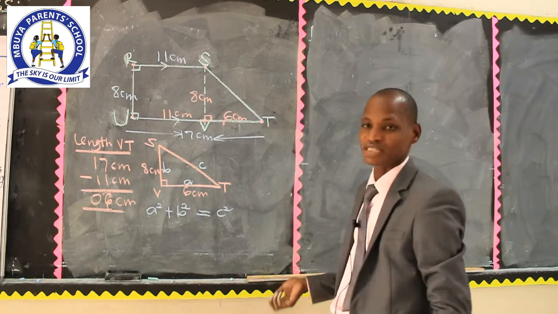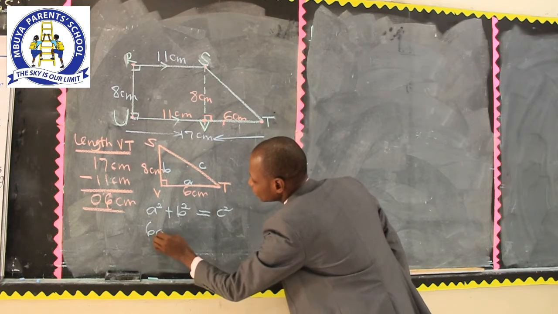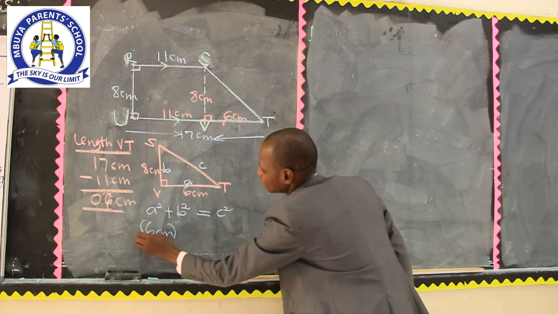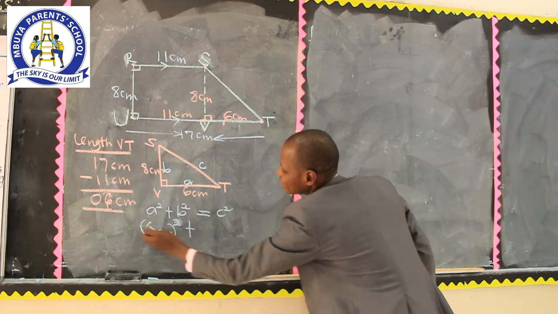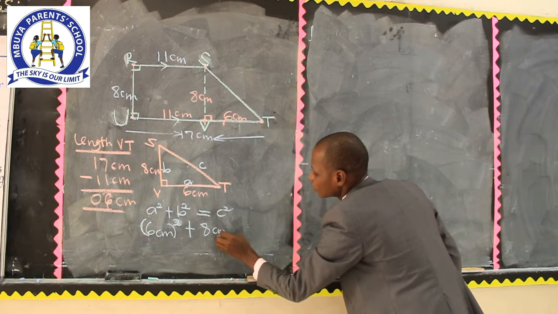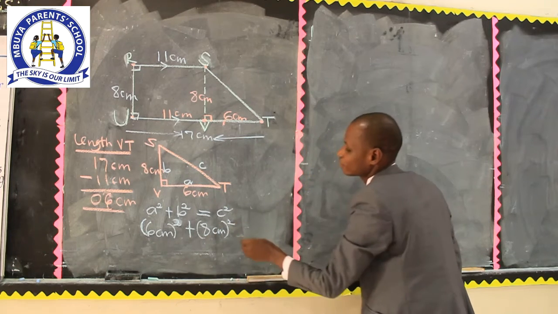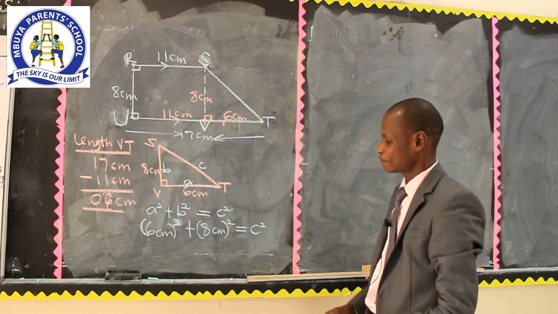The next step will be substituting. Where there is A, we put 6 centimeters, but it is squared. Then we are adding 8, which is also squared. And this will give us C squared.